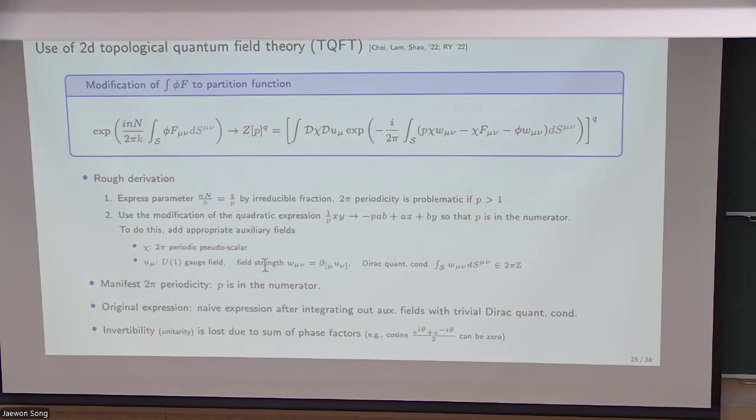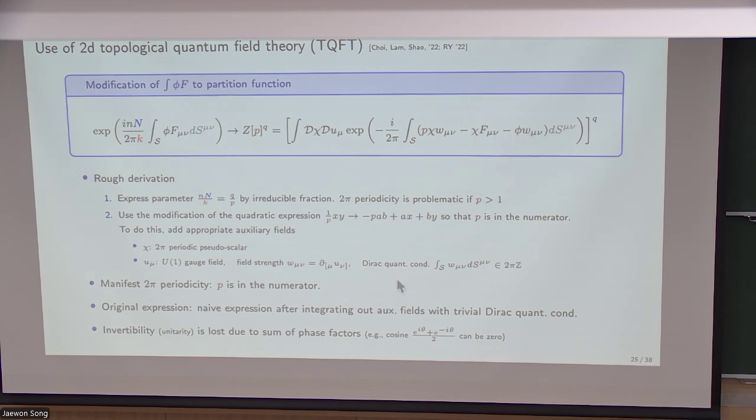And W mu is the field strength of the U mu, and the Dirac quantization condition is required. So in this expression, the 2-pi periodicity is now manifest because P is in the numerator. So this is invariant under the 2-pi shift of the chi field, and this is invariant, and this is invariant.